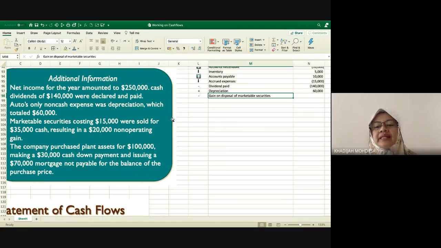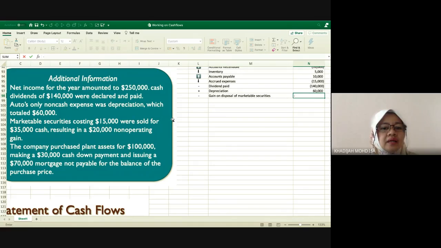Why is gain minus? Because remember, gain is a non-cash item, so you have to reconcile. In arriving at net income, you added the gain on your disposal, right? But in order to adjust, you have to reconcile. That's why you minus. You take out that non-cash gain. How much is it? Non-operating gain is 20,000, right?